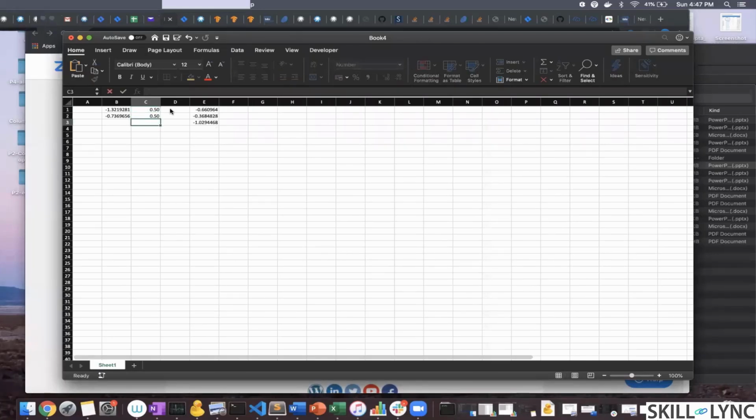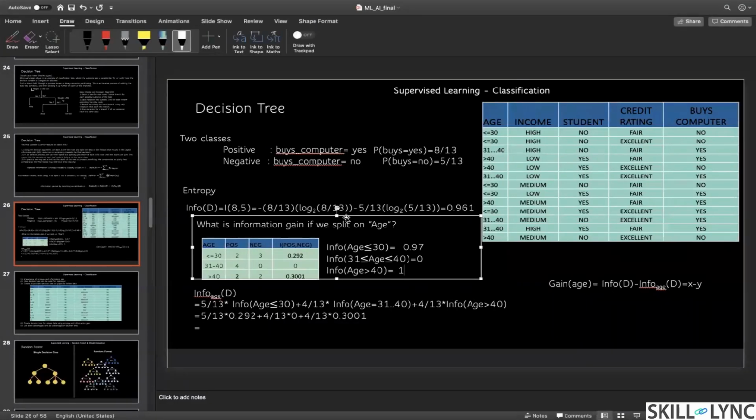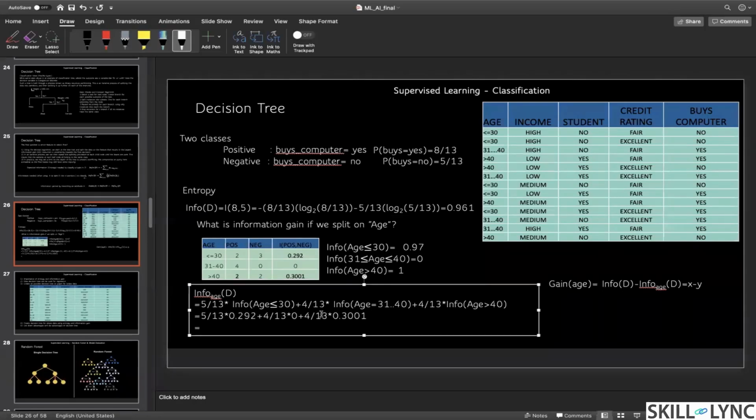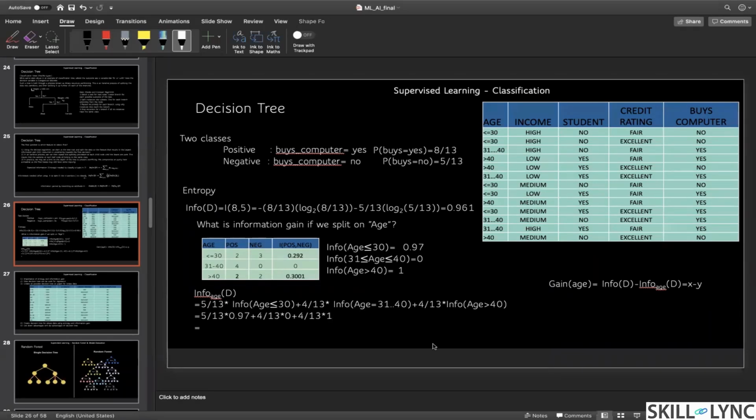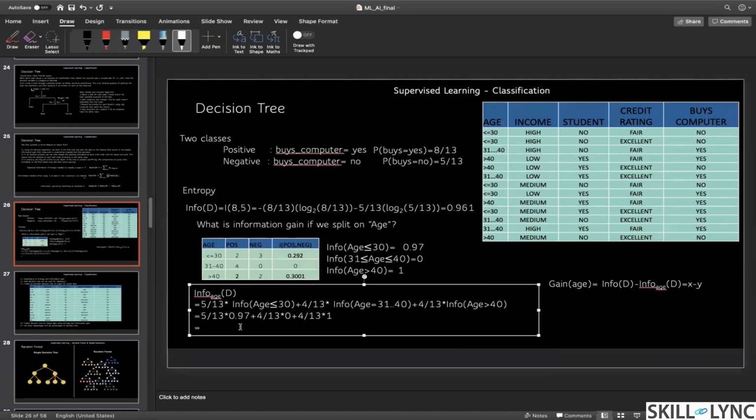So what we are getting is 1. Okay. So now let's substitute that here: 0.97 and 1. Okay. Now let's calculate this value.